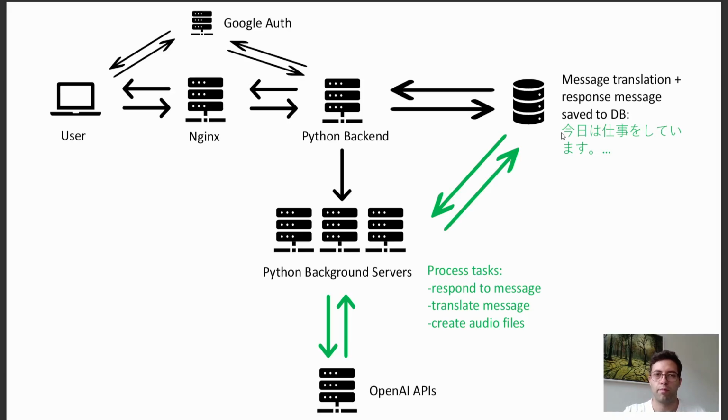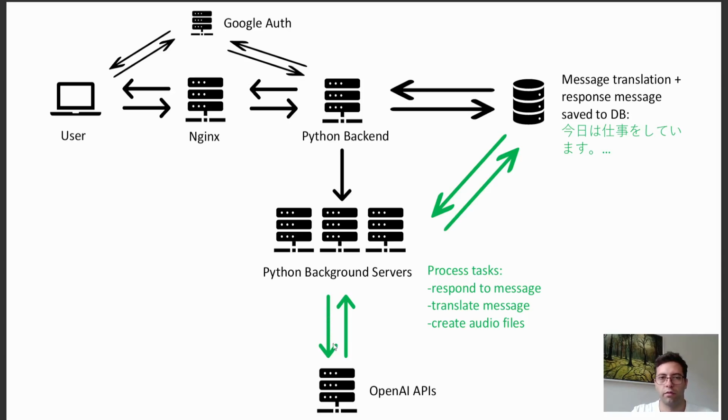Next, the background servers read those queues and process these messages that were put on the queue. So now the background servers respond to the message, translate the message, and create audio files. To do so, they communicate with the Redis database, so they read all the different context and read the conversation from the database.